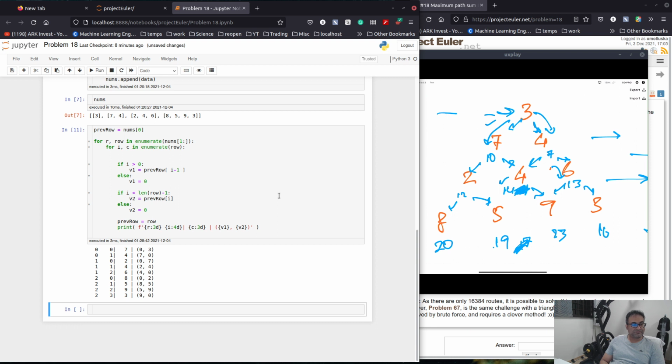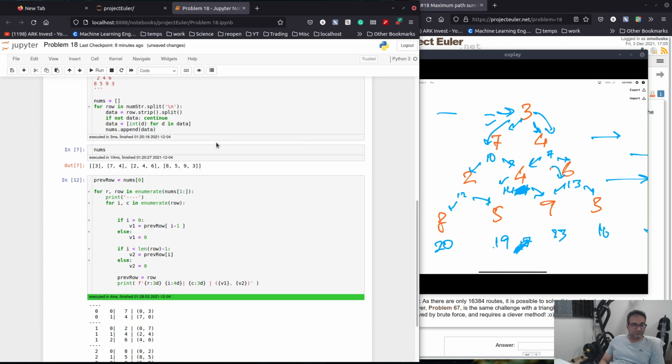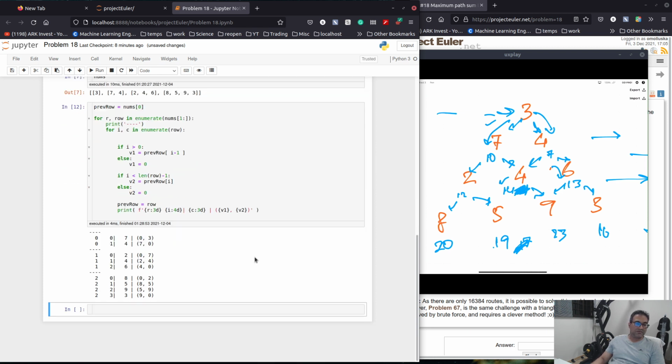So okay, we are on this row 7 and 4, and for 7 we get 0 and 3, and for 4 we get 7 and 0. That's not what we want. We should get 0 and 4.